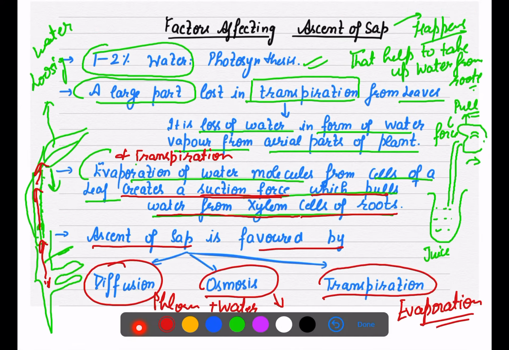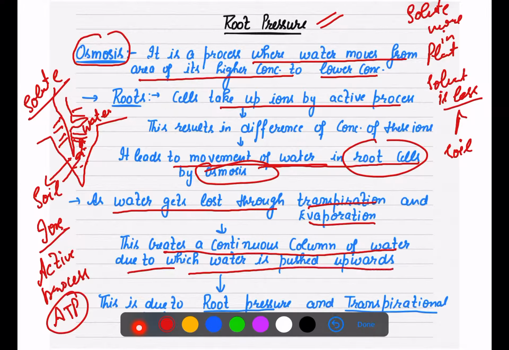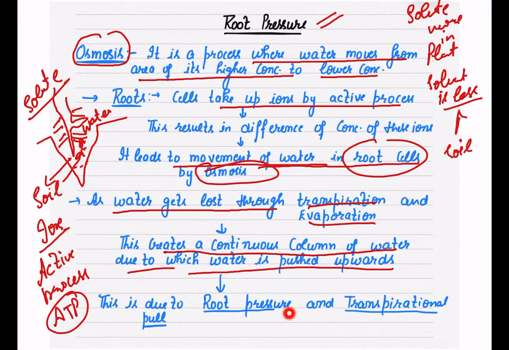So that is why I have mentioned here that ascent of sap or movement of water also happens through osmosis. Now water is losing through transpiration and evaporation. It creates a continuous column of water जिसकी वजह से water upward push होता है. This is actually due to root pressure as well as transpiration pull.